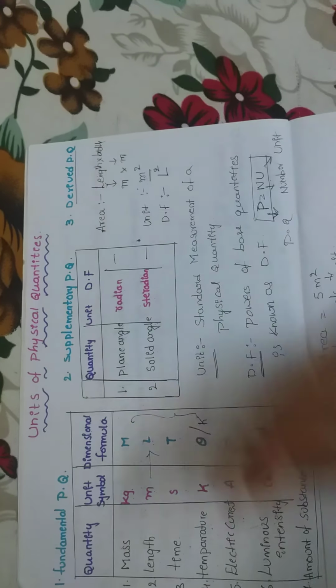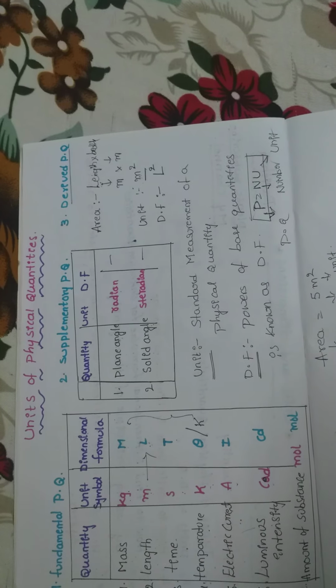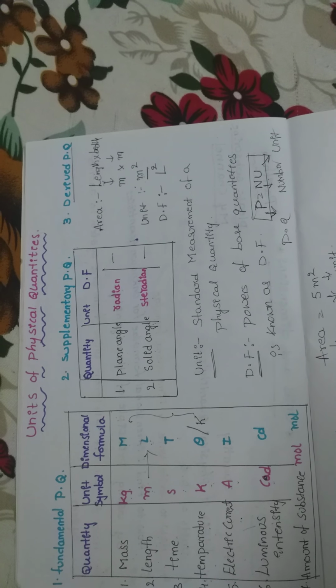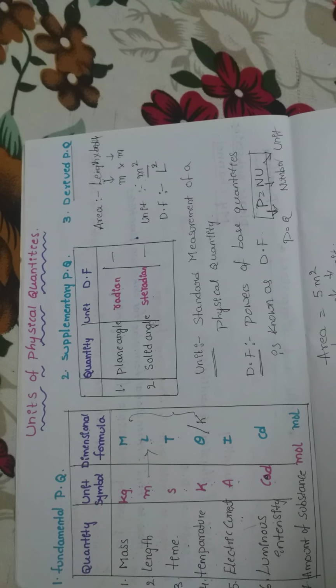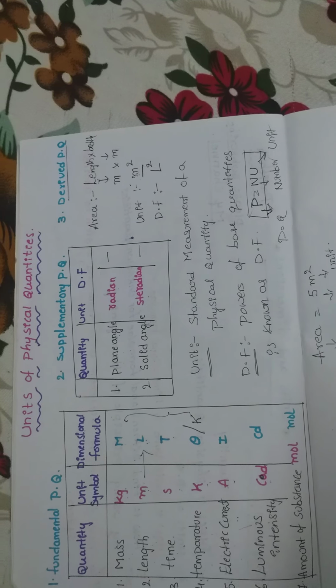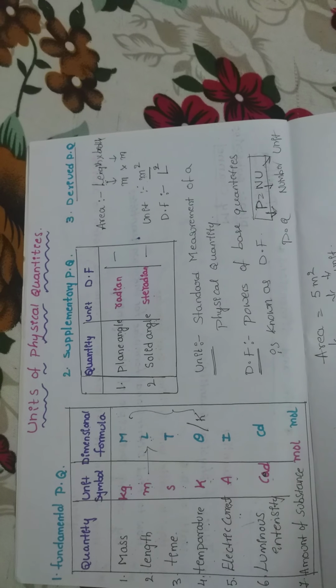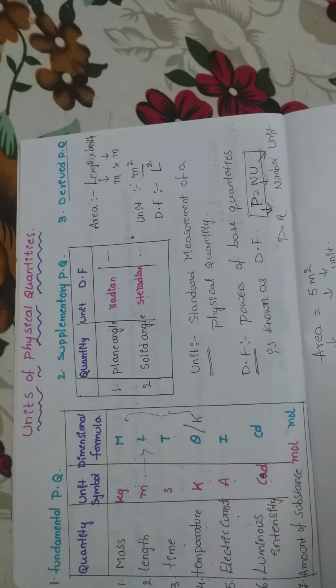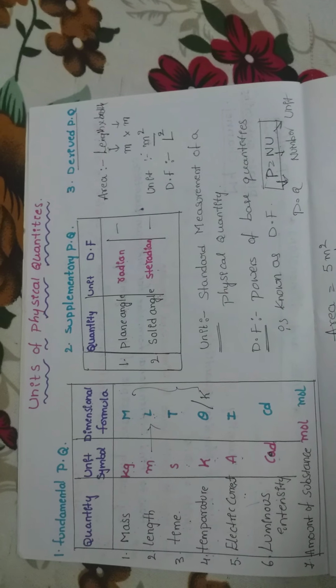That's why I am writing 2. So L power 2 is the dimensional formula for area. Okay? So like that we should write the units and dimensional formulas for derived physical quantities.